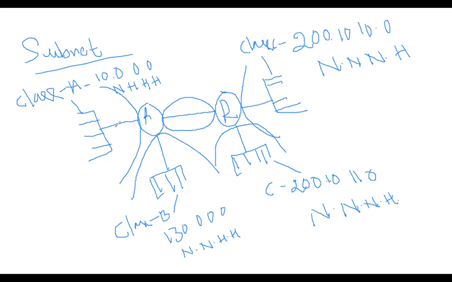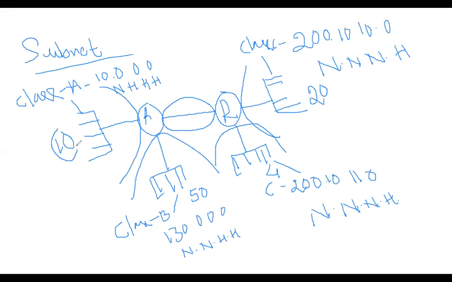By using this, how are you going to provide a particular IP address to individual users? You can consider the number of computers connected on this side is 20, on this side is 10, on this side is 50, and on this interface is only 4.